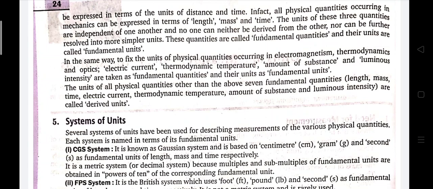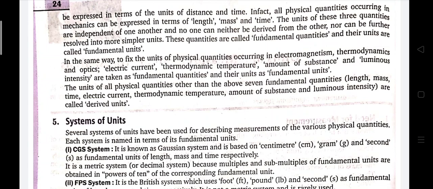Okay, so there are three basic fundamental quantities: length, mass, and time, and their units are meter, kilogram, second.